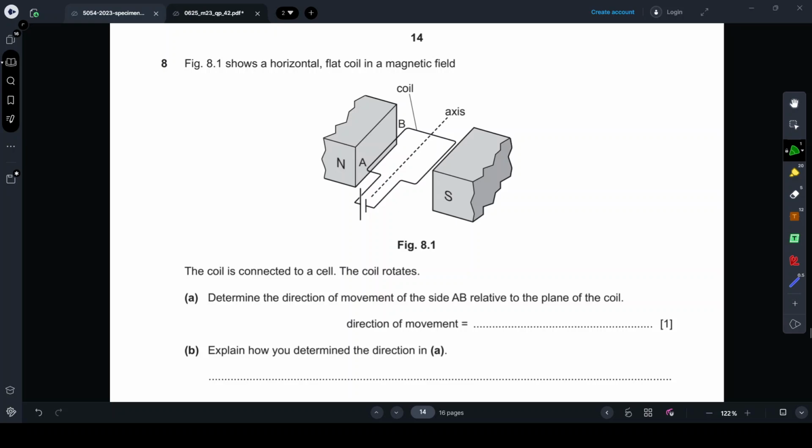What's the direction of current through A and B? This is the positive terminal. The longer line is always the positive terminal. This is the negative terminal, and so that is the direction of current. And if you hold your left hand in this way, your thumb is going to be pointing downwards, and so the direction of movement is, you can either say downwards or you can say anti-clockwise.